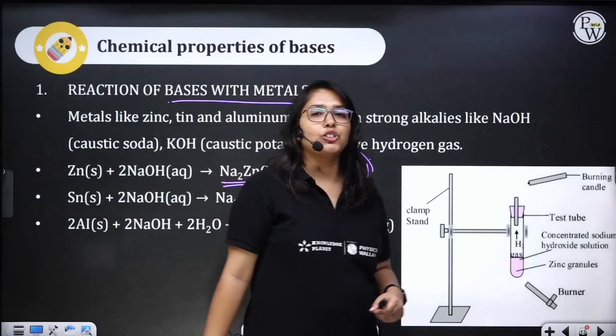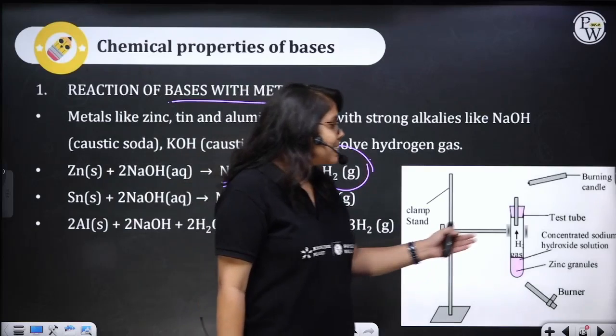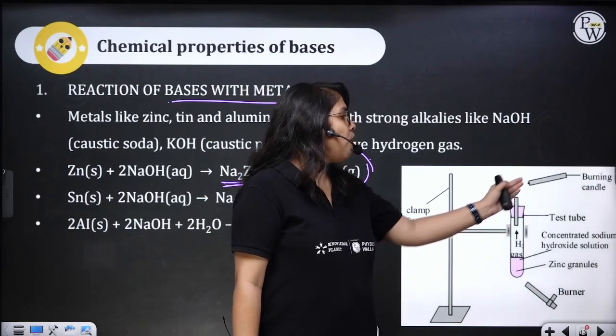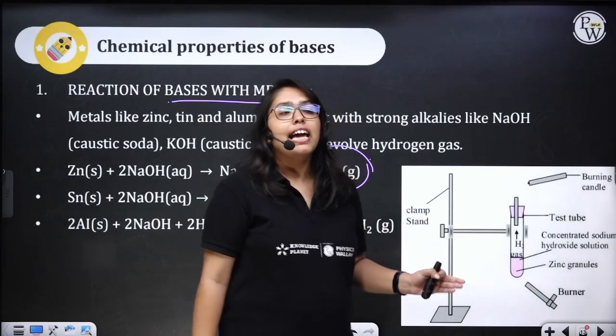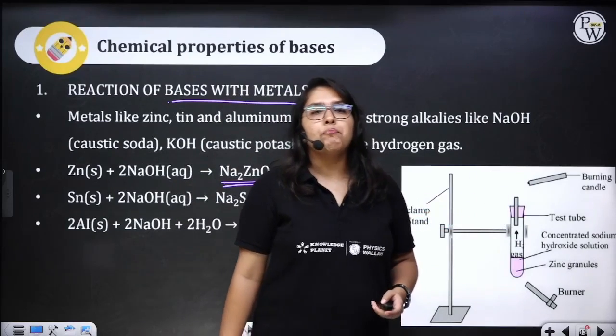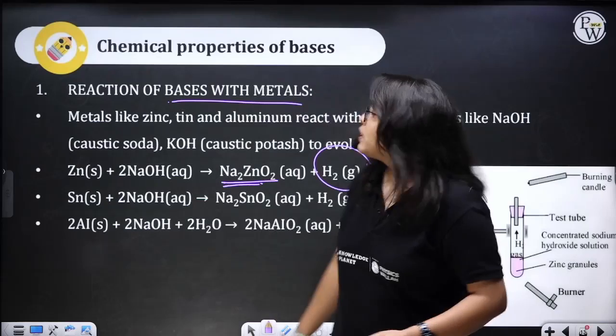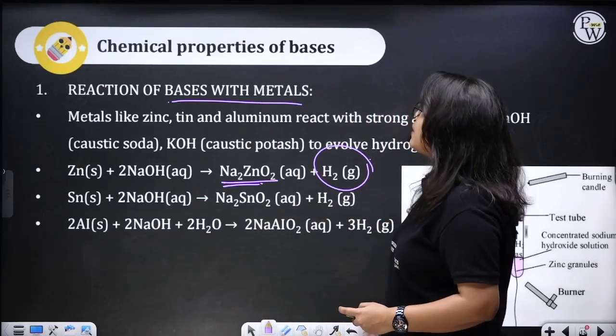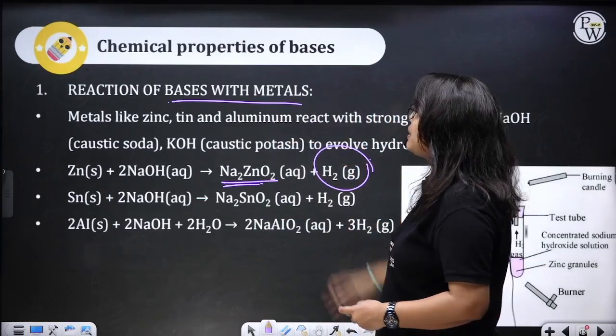And this hydrogen gas, when it comes in contact with a burning candle, stops its burning with a pop sound. So this is about the chemical properties of bases, where bases react with metals.